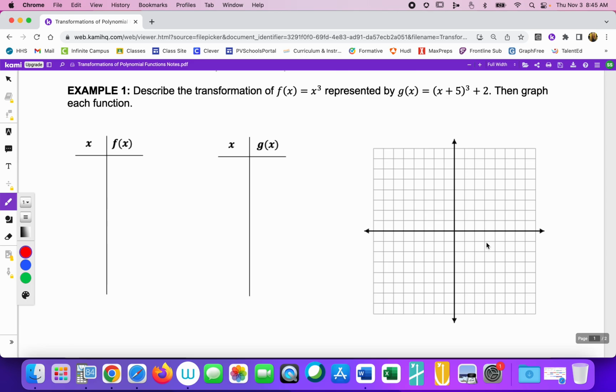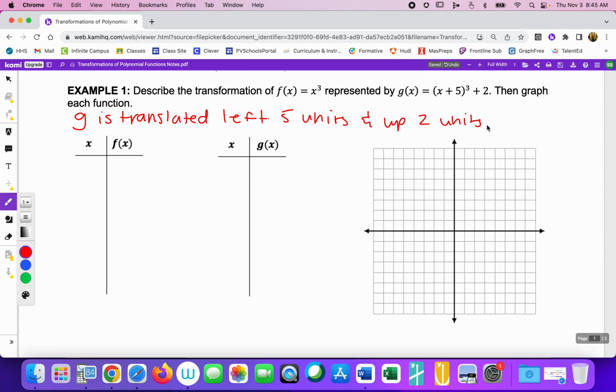Okay, so the graph of g is translated or shifted, it's the same thing, left 5 units. Okay, that's the plus 5 on the inside. What else? And then up 2. So anything outside parentheses after it was vertical. And up 2 units.